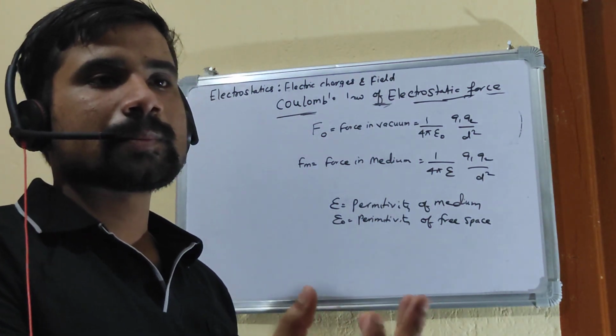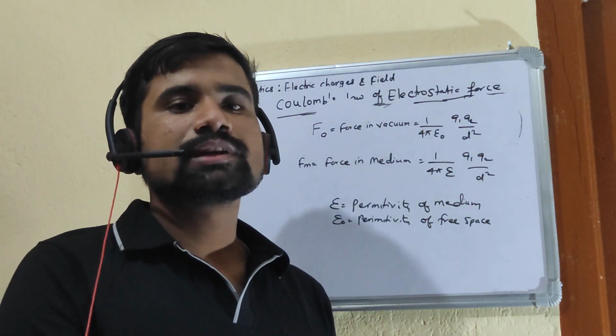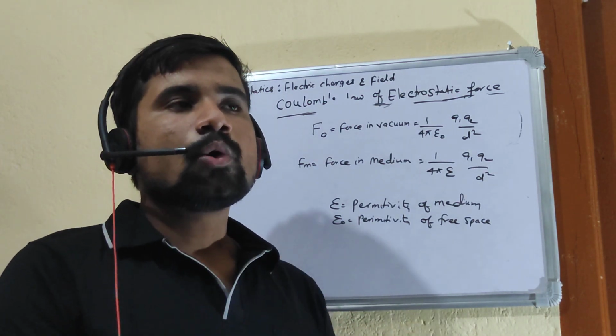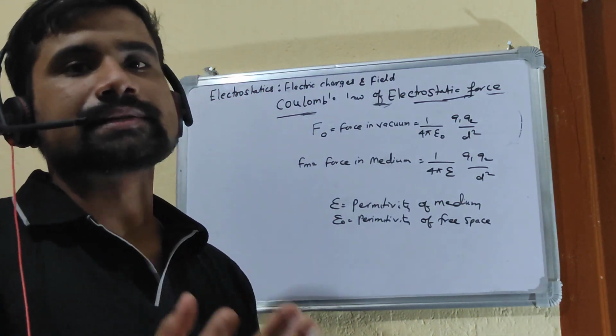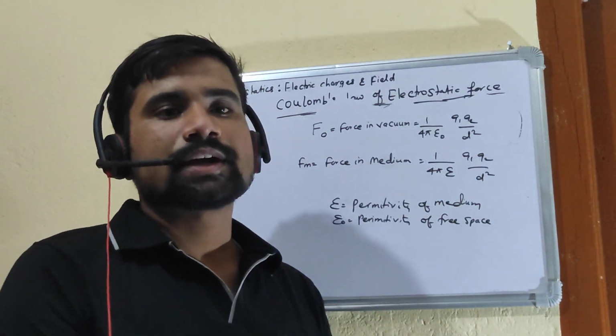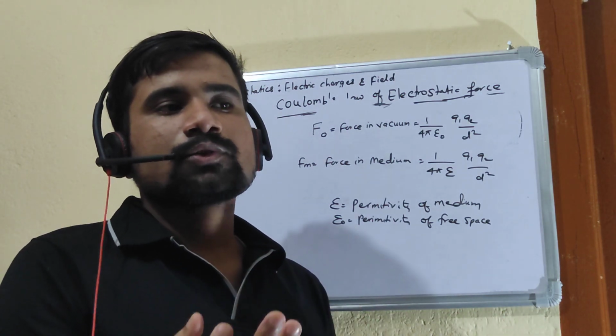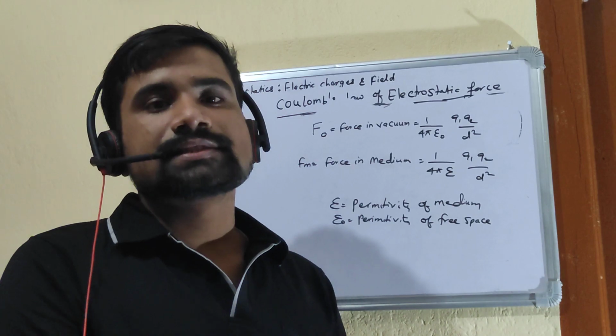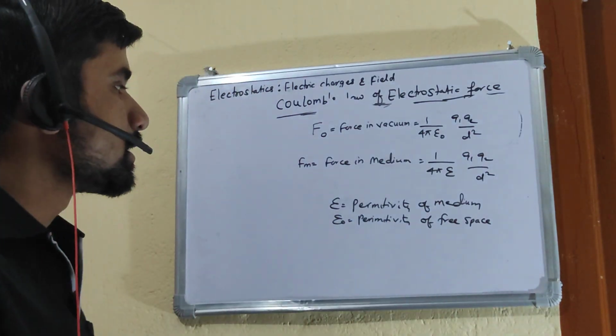You would see the nearby particles getting charged and discharged. So permittivity is how easily a medium permits the force between two charges, how easily the medium won't disturb the effect of the charge, right?